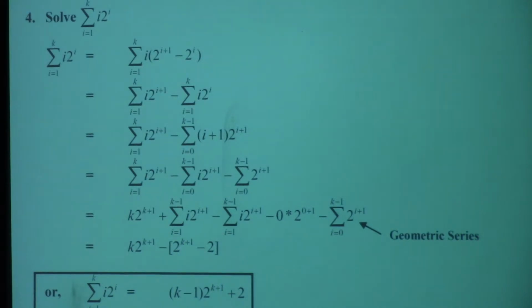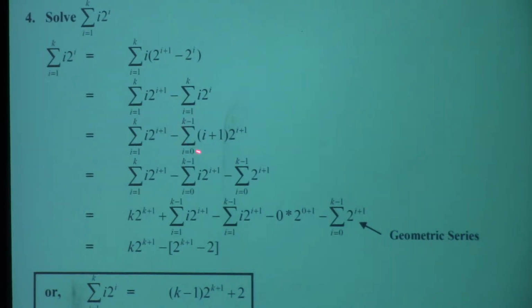But the cool thing about it now is that I have i 2 to the i plus 1, 2 to the i plus 1 again. That's the good news. The bad news is that I now have two terms here, which means that I have to multiply this by this and this by that. So I'll produce two more summations inside the minus. So the first summation stays unaffected.